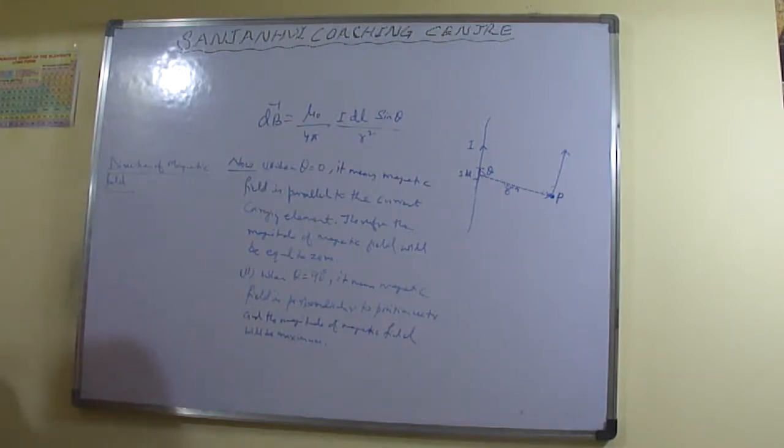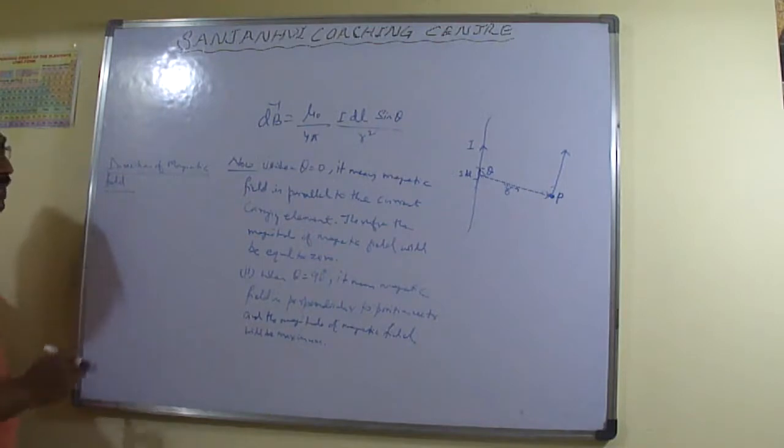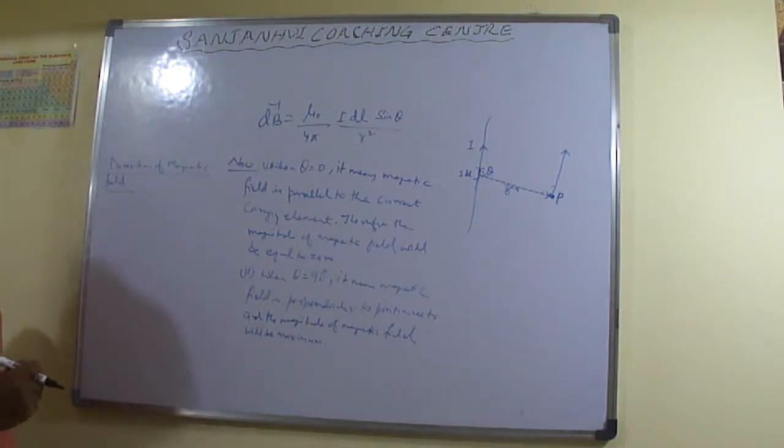Okay. So now, direction of magnetic field, how we will be finding out? So we will be finding this magnetic field direction with respect to Fleming's right hand rule. Okay.